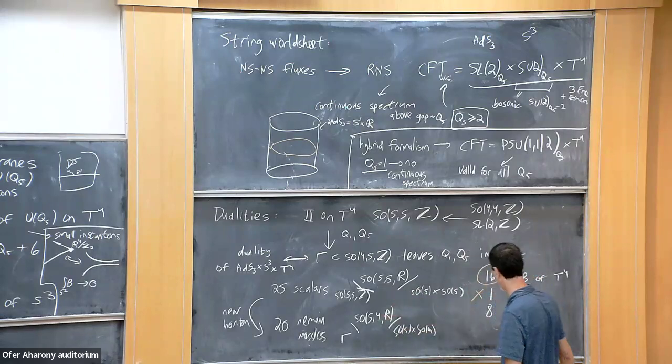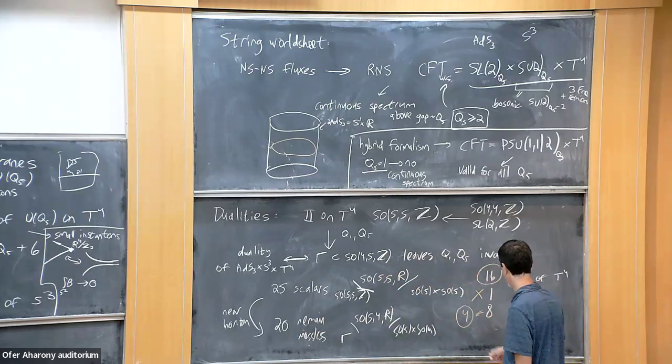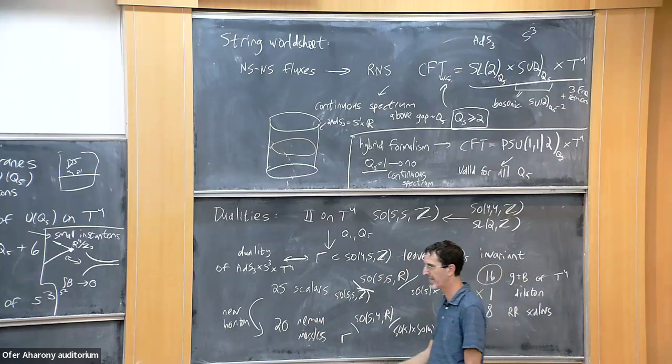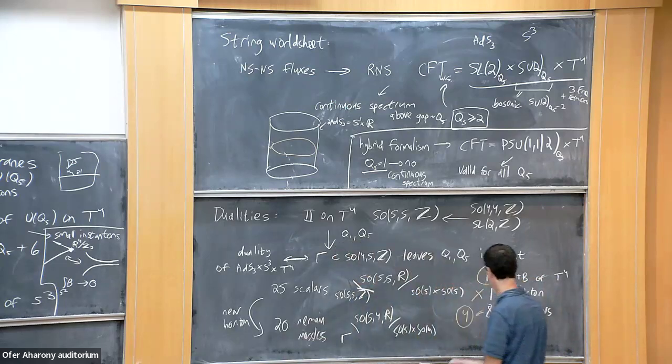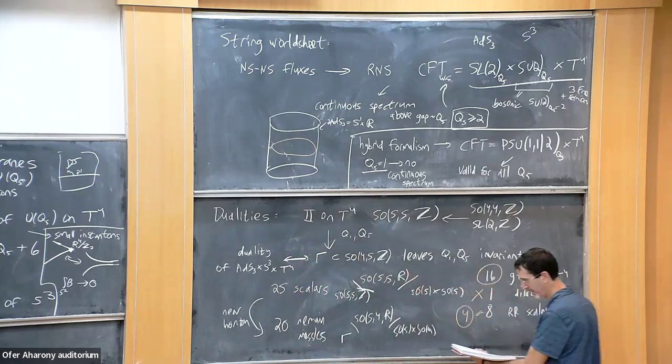I mean, at least the 6-dimensional coupling becomes fixed, as I described. And out of these 8 Ramond scalars, 4 of them remain massless, and the other 4 become massive, and they're also fixed. So all in all, in this background, we have 20 moduli, the 16 obvious moduli of the torus, and in addition, there are 4 Ramond scalars. They're also moduli, and those will be the moduli that allow us to go out of this singular regime and to blow up the singularities in the moduli space. So those are the massless scalars.